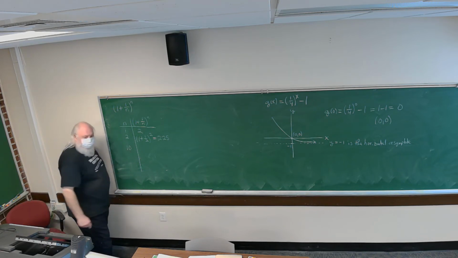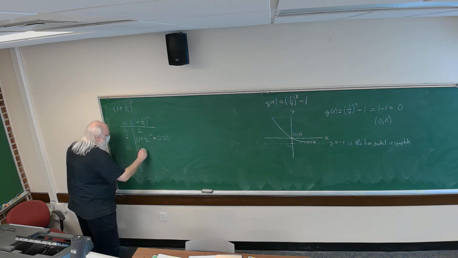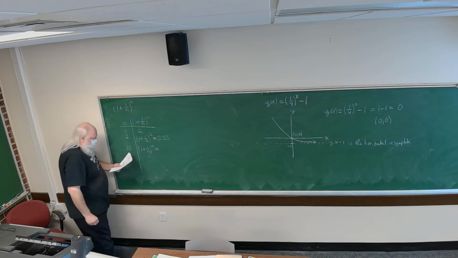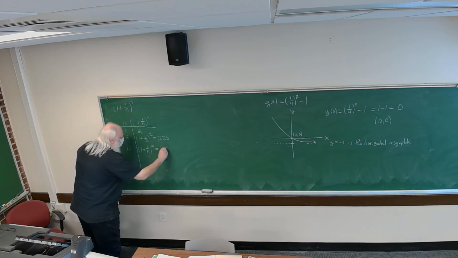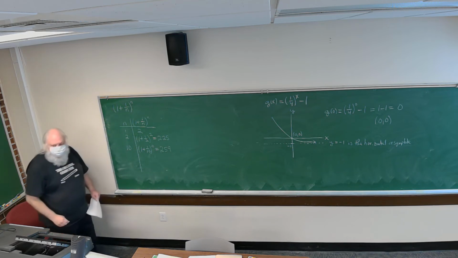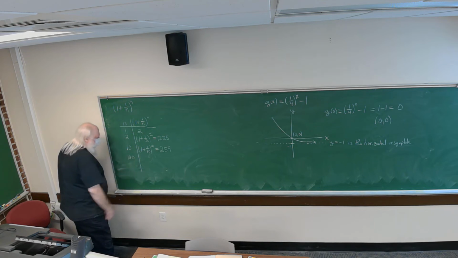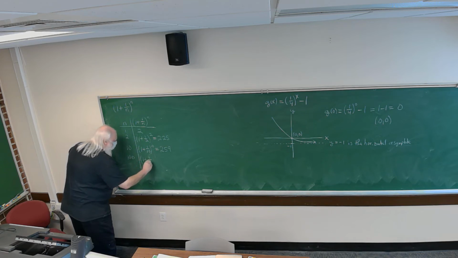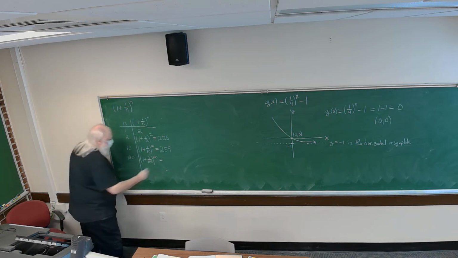Now we jump down to n equals 10, the 10th number in the sequence. You put 10 in for n, you have (1 + 1/10)^10, and you get 2.59. Get the idea? And so you go down to the 100th number in the sequence. n equals 100. You put 100 in for n, and the value of the 100th number in the sequence is 2.70.